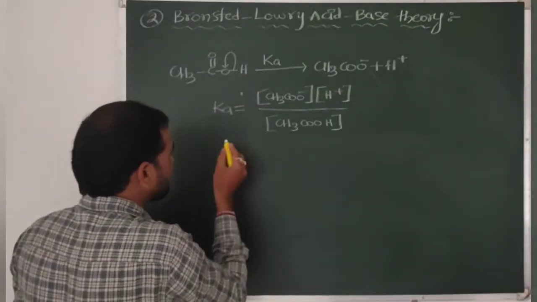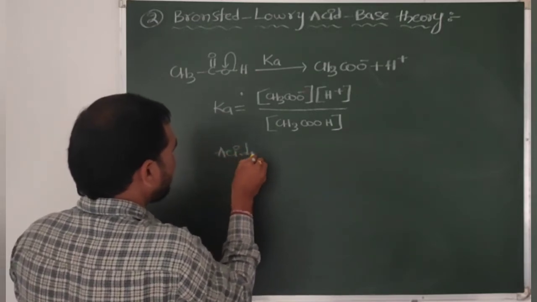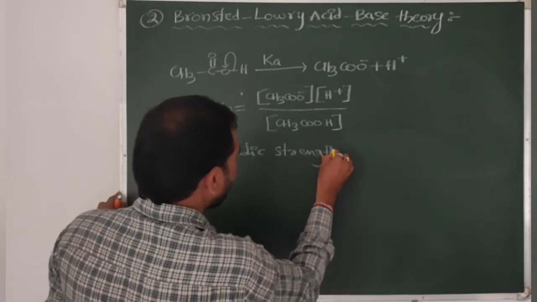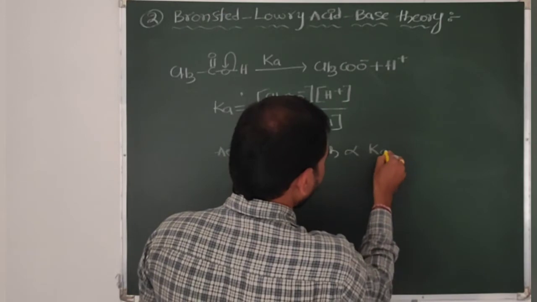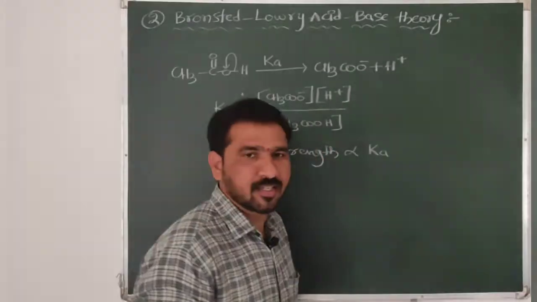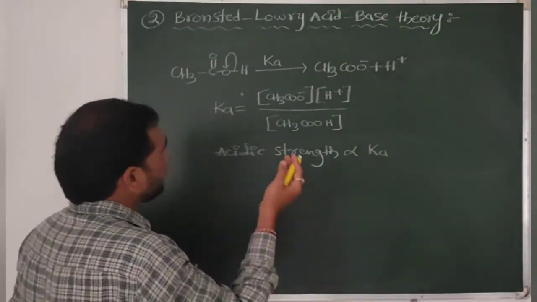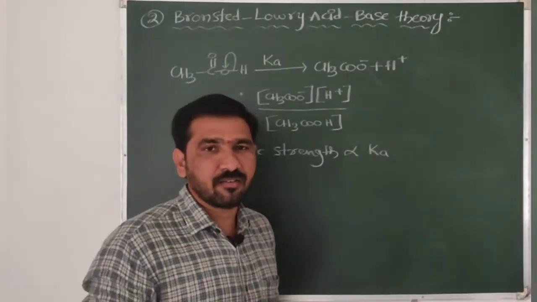Therefore, with respect to this phenomenon, acidic strength of acid is directly proportional to Ka, which is also considered as dissociation constant of an acid, right? Like that, Kb also is there, which shows the basic strength of base.